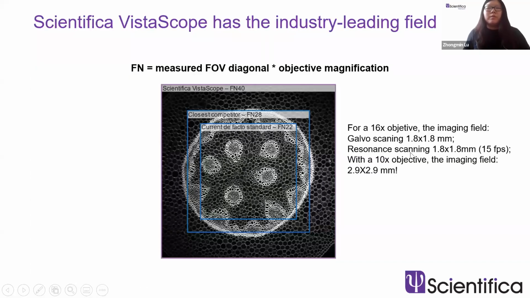And maybe to give you a more straightforward idea of how great the system is, you can potentially get data with more than a twofold increase in cell number compared with the standard two-photon microscope.